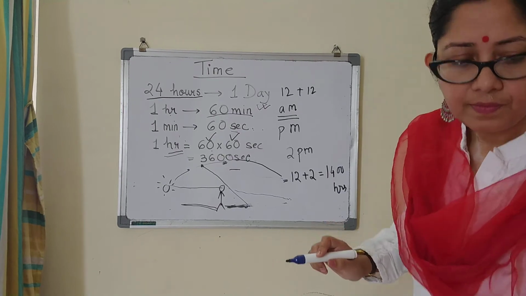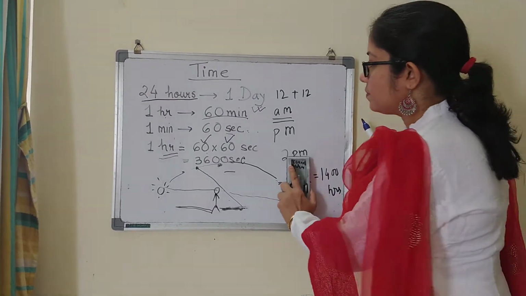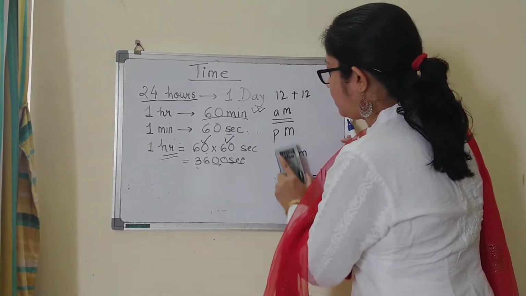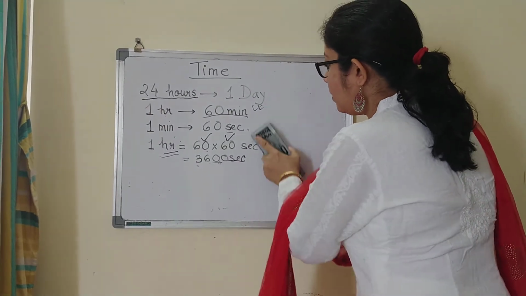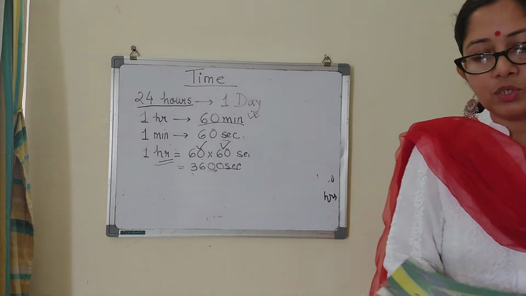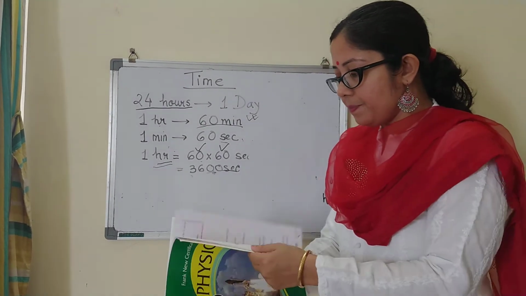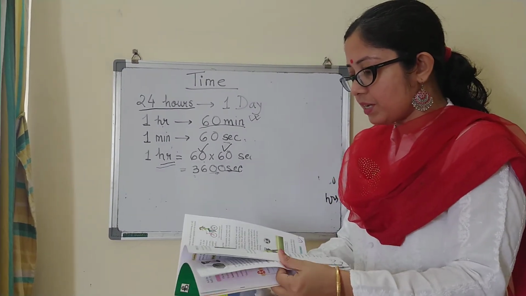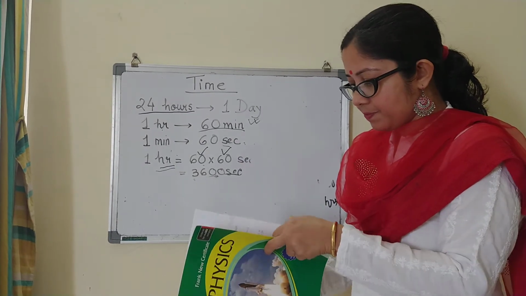Alright. Now in your book there is a sum. You can do this sum along with me so that you get a very good idea about this. Just a minute.